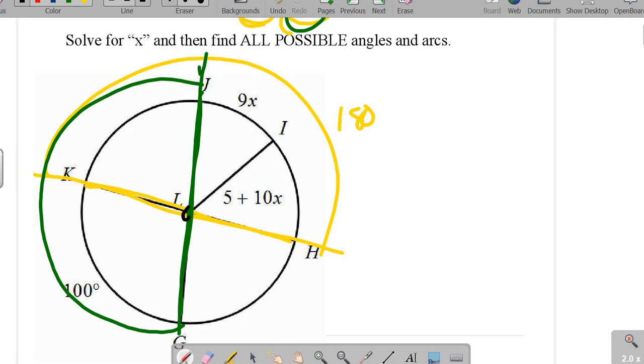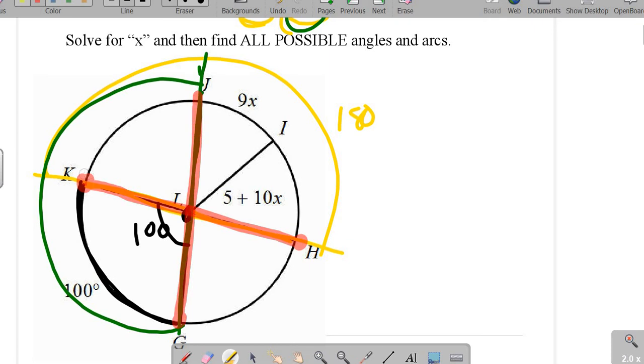Let's start with our central angle. Physically trace the 100, physically trace it. Measure of a central angle to its arc the same. I'd like you to trace KH, JG. Do it again. KH, JG. One more time. Trace, pencil on your paper, KH, JG.